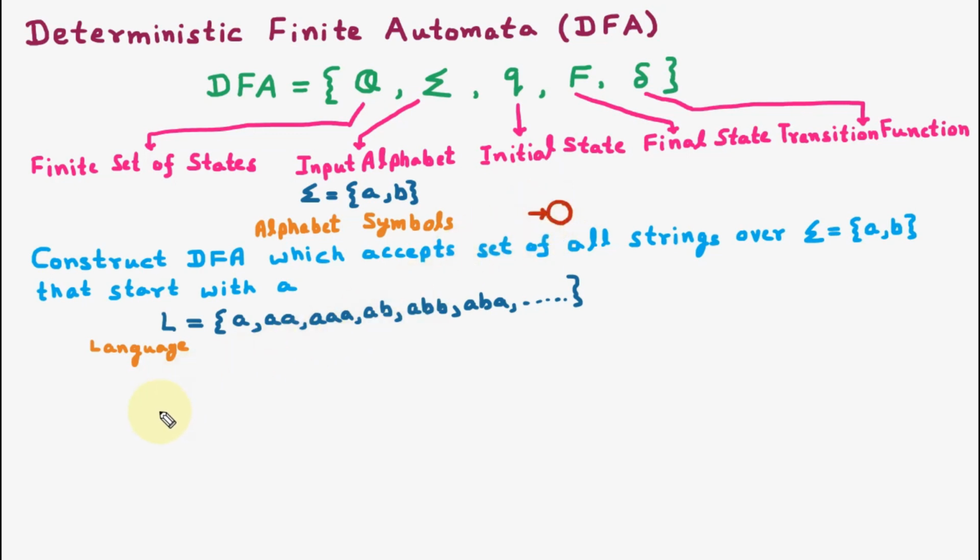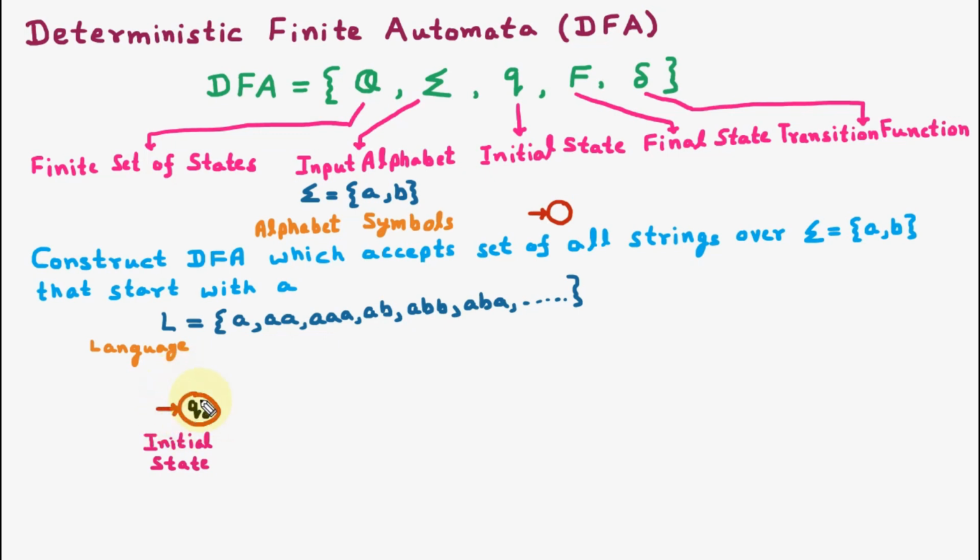So let us suppose that we are creating the DFA where we have the initial or the start state with the incoming arrow. Let us assume I am giving the name of that state Q naught. This is the initial state from where the DFA will start.